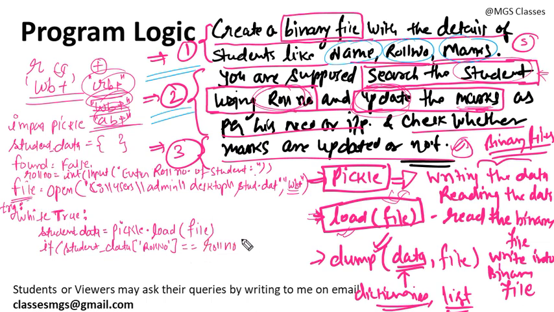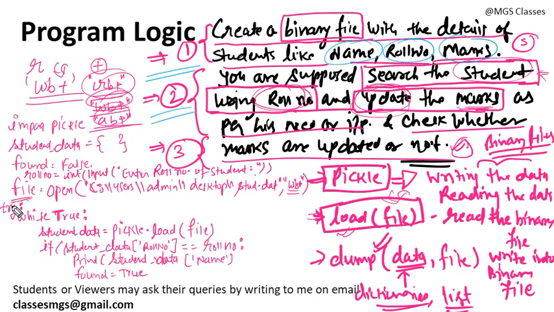If it is equal to the roll number, then we can print the name of the student. You can print the student name from the data. Okay, this way you can print the name.